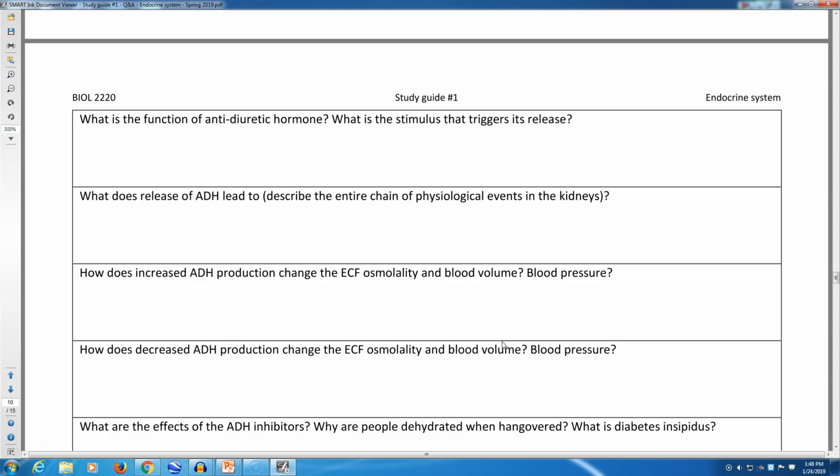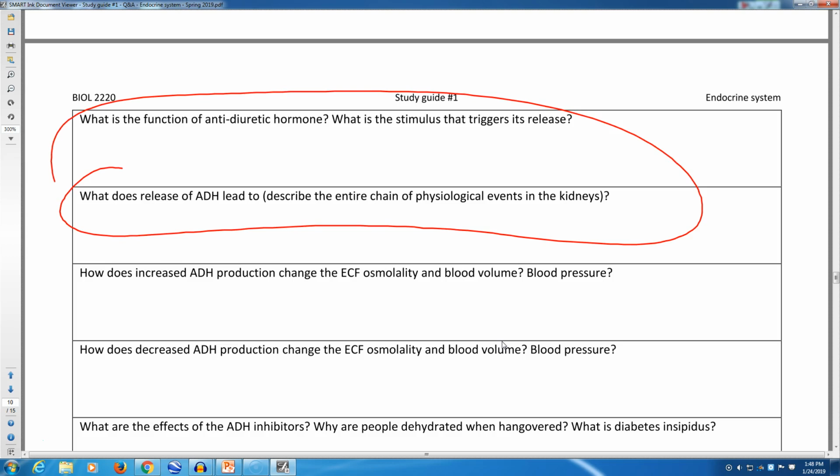So, if you are dehydrated, your osmolality of extracellular fluid goes up. That stimulates release of antidiuretic hormone, which leads to retention of water in kidneys, which leads to increased blood volume, increased blood pressure, normal concentrations of solutes in your ECF.